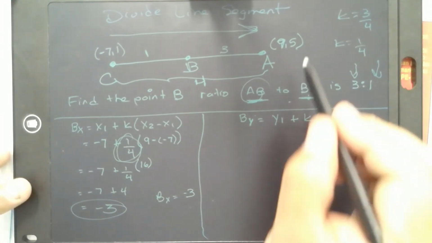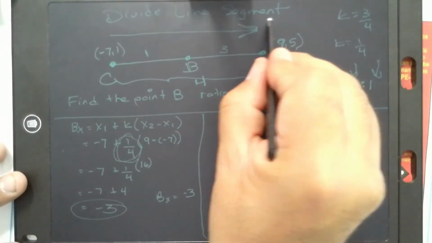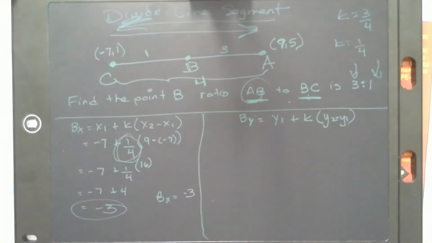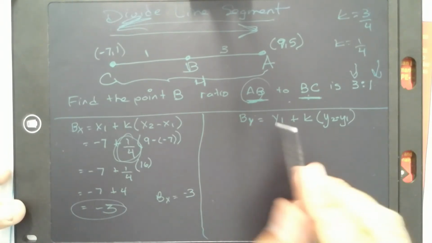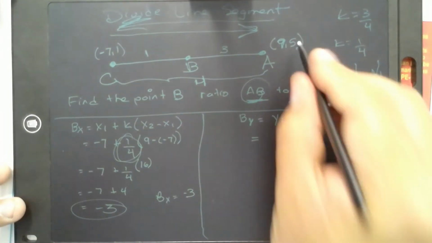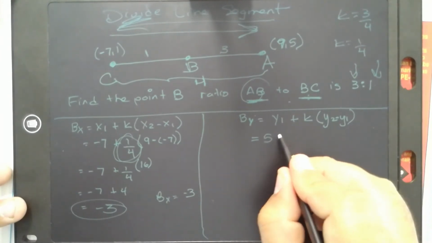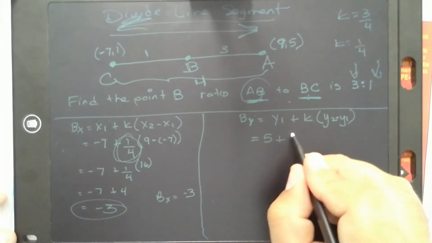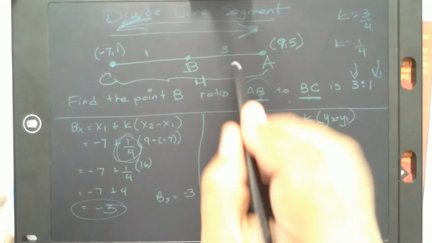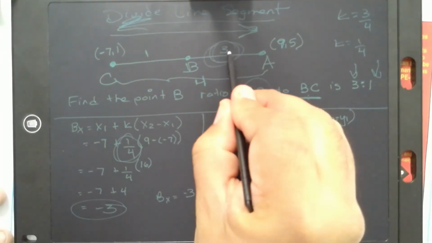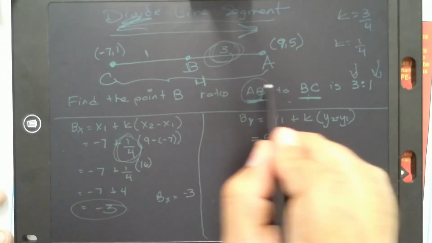In this case, instead of this way, we're going to go this way instead. So in this case, my By is equal to y1, which will be 5, plus 3/4. This will be 3/4 instead. You guys understand that? Why? Because this is 3 out of the 4 total.